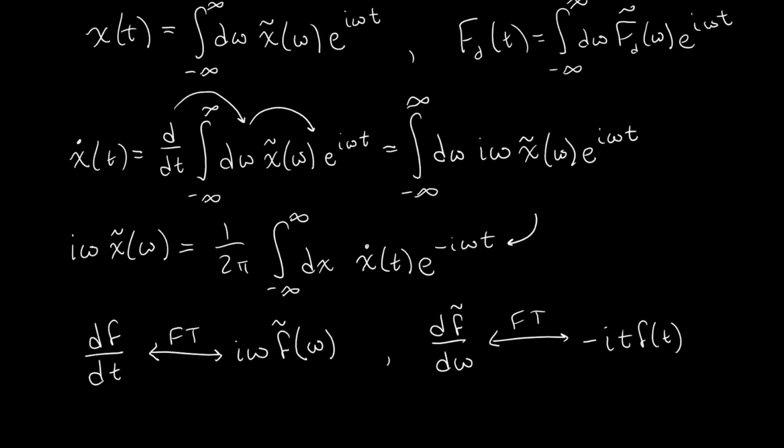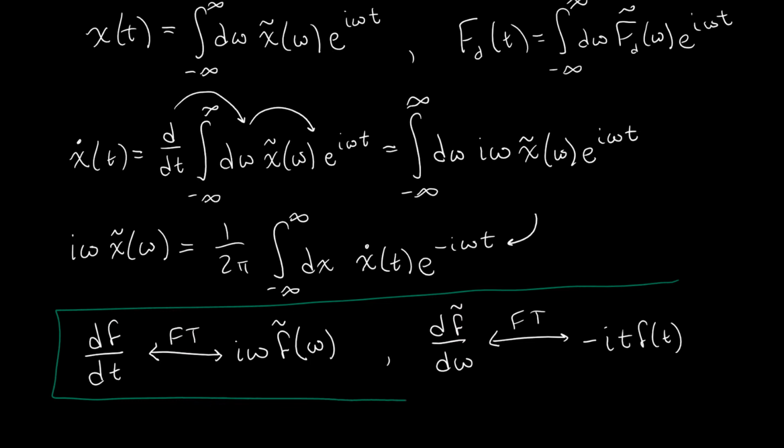Where you put it isn't particularly important, but you see that it makes a difference here. So this is a very important result, and something definitely to keep in mind when we're doing these Fourier transforms. And immediately you see how this might be very useful.